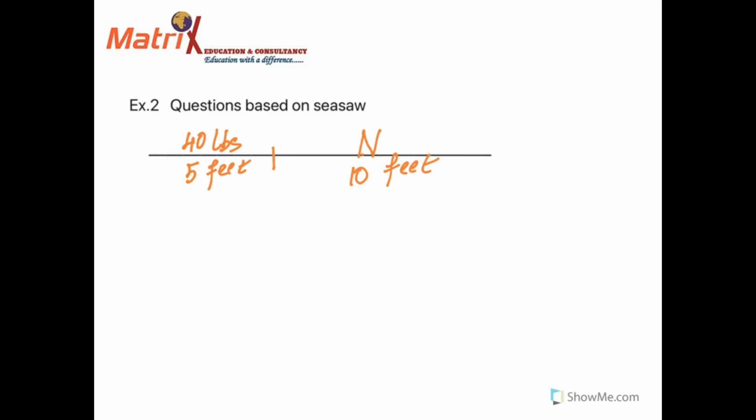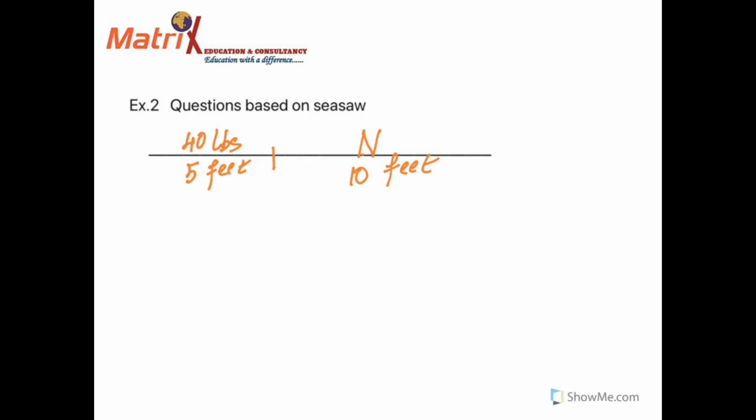Now, I have another question, based on the concept of the seesaw. We all must have played on a seesaw in our childhood, right? The questions could be like, on one side a person weighing 40 pounds is 5 feet away from the center, which is the fulcrum.